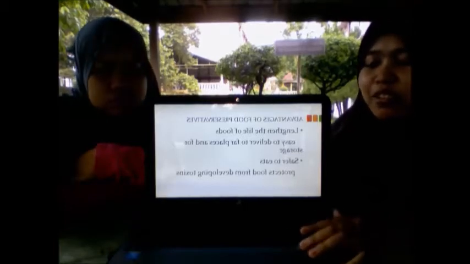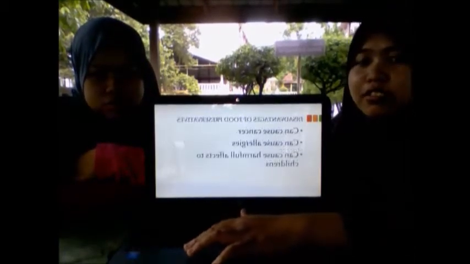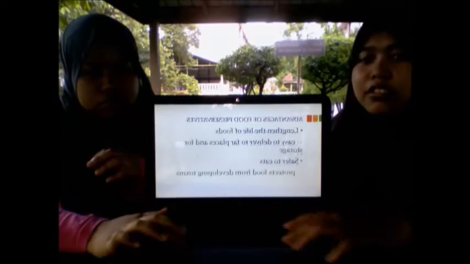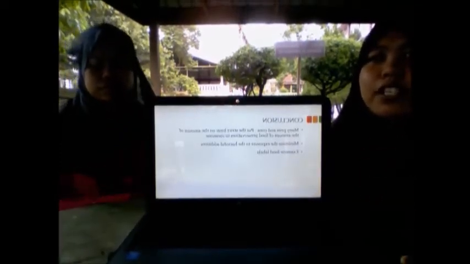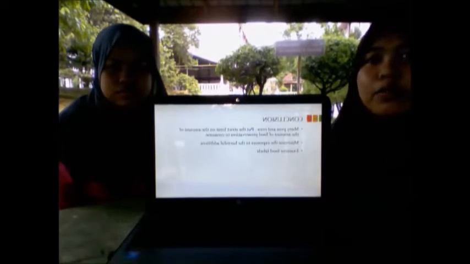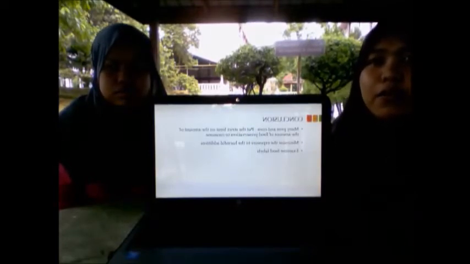So for the conclusion, we know that there are many pros and cons of preservative food, but we have the right to choose whether we want to consume it or not. Before we buy the food, we can read the food labels, and of course we have to make the right choice for our health.